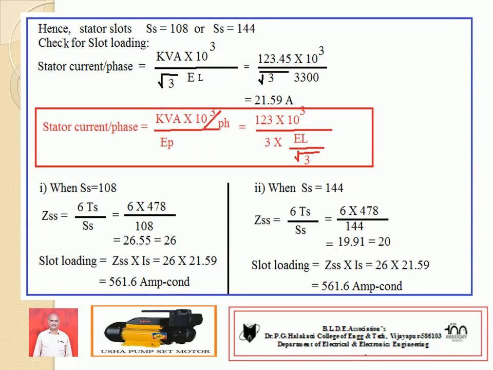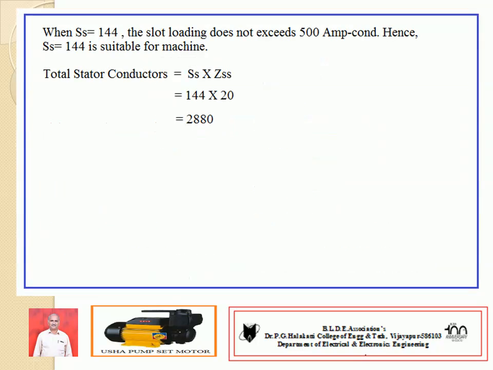The value we are going to get is less than 500. You check that value, definitely it is less than the 500 ampere conductors condition.